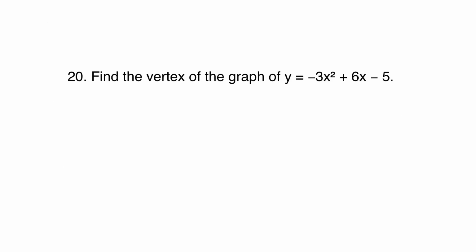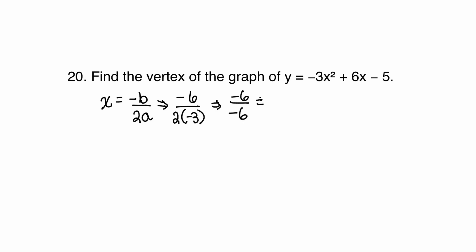Find the vertex of the graph y equals negative 3x squared plus 6x minus 5. The vertex is going to be this formula, x equals negative b over 2a. Our b is 6, and the negative is built into the formula, and our a is negative 3. So here we're going to have negative 6 over negative 6, which is positive 1. Now, in order to find the y value of our vertex, we have to go back and plug in this value everywhere that there is an x in our function.